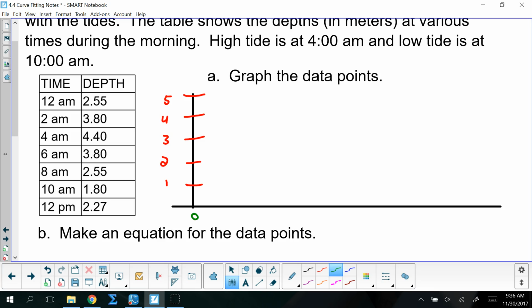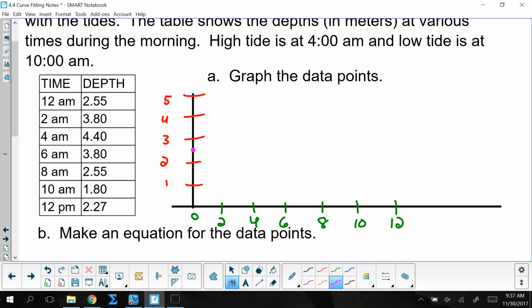Right about there. What about the x-axis? 2, 4, 6, 8, 10, 12. I should put those in there. 2, 4, 6, 8, 10, and 12.